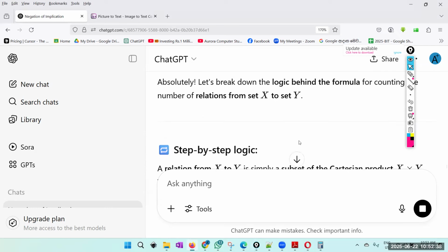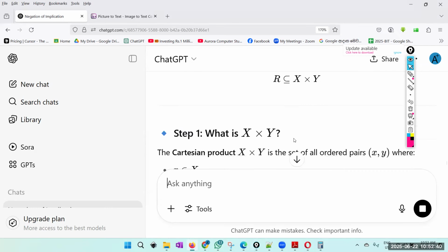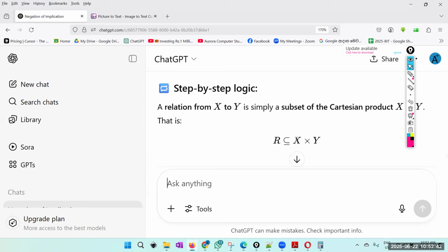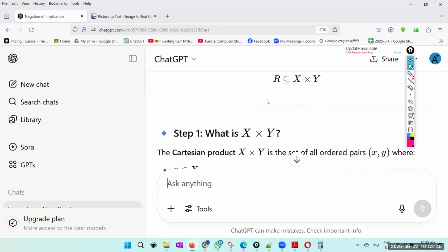So it says yes. This is something like your Cartesian product, right? Because Cartesian product is all possibilities. For example, with 1, 2 and a, b: 1 to a, 1 to b, 2 to a, 2 to b.